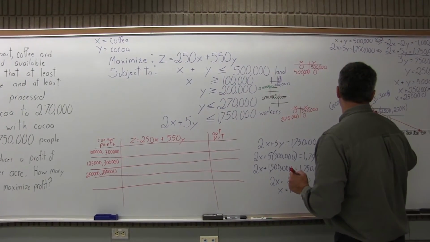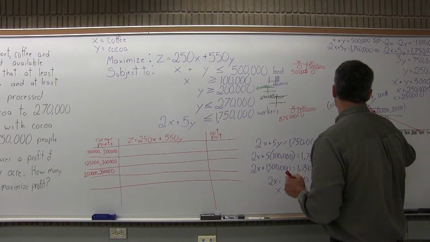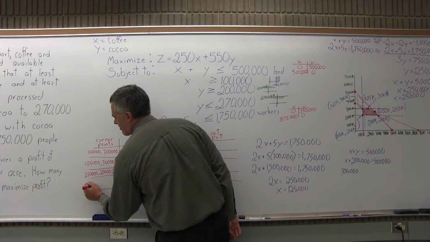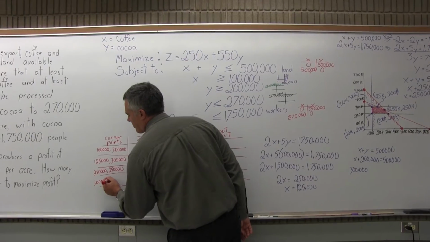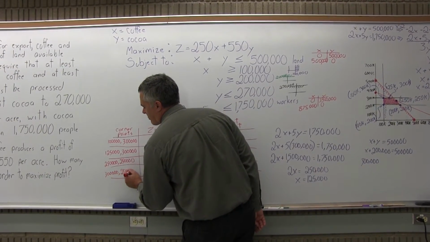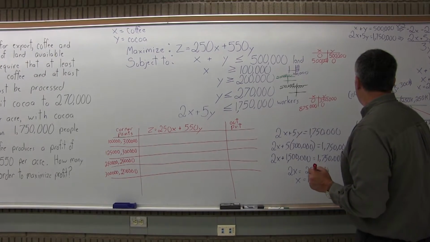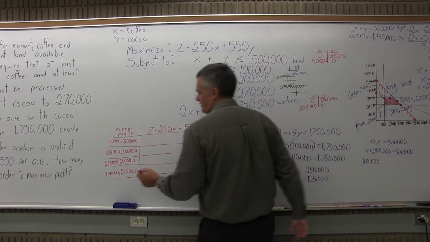And then I have another corner point at 300,000 for x, 200,000 for y. And finally, one last corner point, 100,000 for x and 200,000 for y.